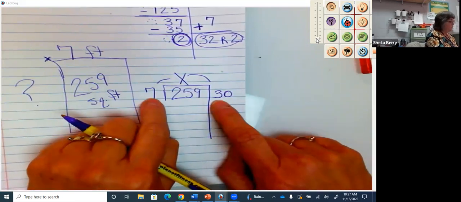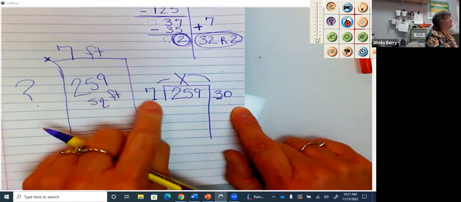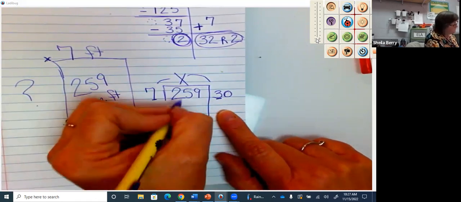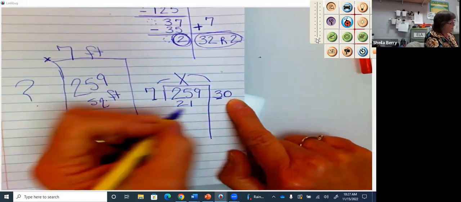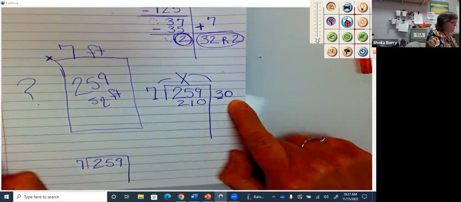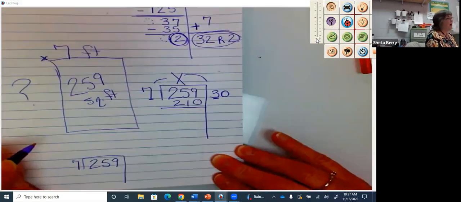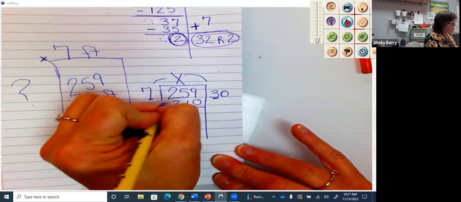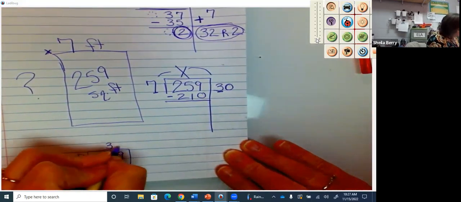Again, when I'm looking at this, what is 3 times 7? 21. And I've got my 0, so I have to slap that 0 on just like I do when I multiply. And now what do I have to do? I have to subtract. So go ahead and do your subtraction. While you're doing that, I'm going to slap 30 on this one.